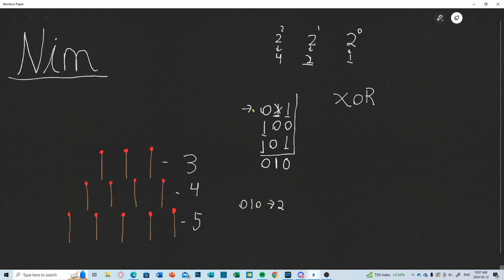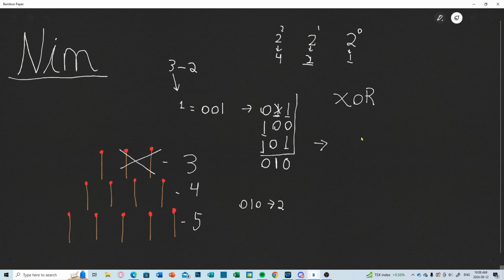To get rid of the 1, we will have to make the new binary 0, 0, 1. But 0, 0, 1 is equal to 1. Now we have to figure out how to get 3 to go to 1. Because this is a pretty easy example, we know that we just need to subtract 2, which means taking away 2 matches from the row of 3.